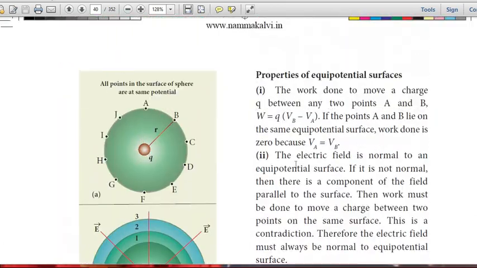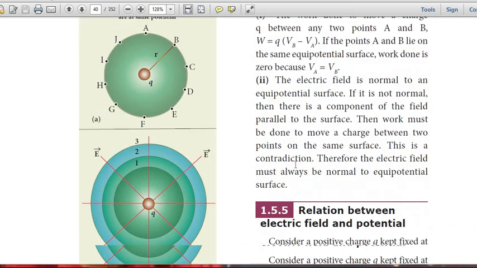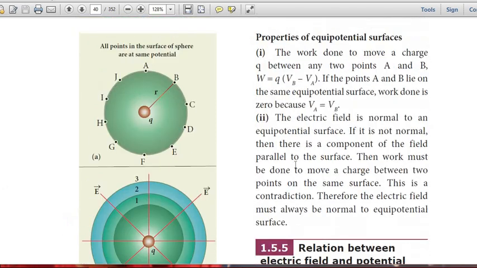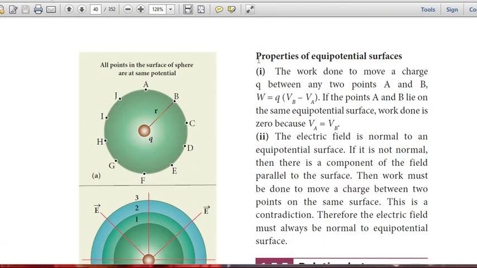From this topic we have to know about the properties of the equipotential surface. This is also a very important topic for assertion type questions as well as 2 mark questions, children. Please note it down. Point number 1, properties of the equipotential surface.